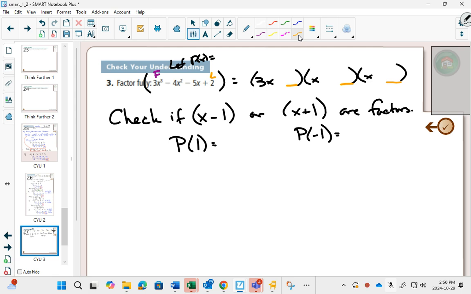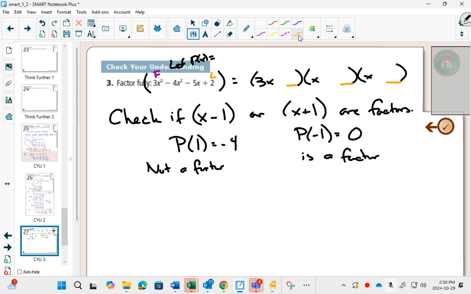Plug in 1, 3, minus 4, minus 5, plus 2. Get minus 4, right? Yes. Not a factor. So I don't have to do synthetic division for this one. But if I plug in negative 1, I'm going to get negative 3, minus 4, negative 7, plus 5, negative 2, plus 2, 0. It is a factor.